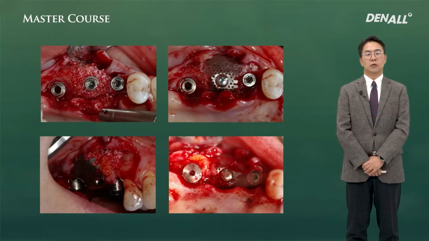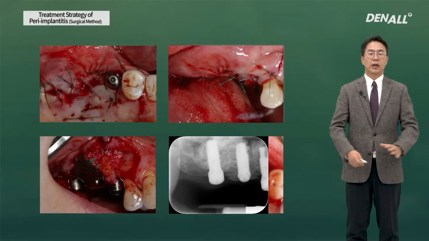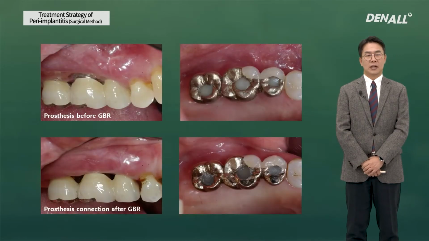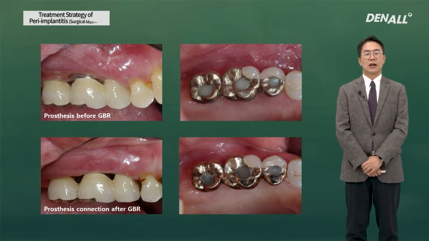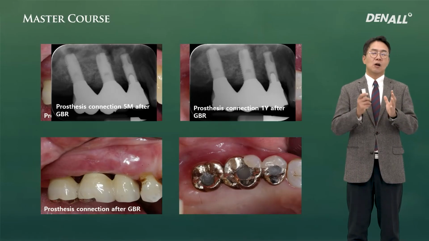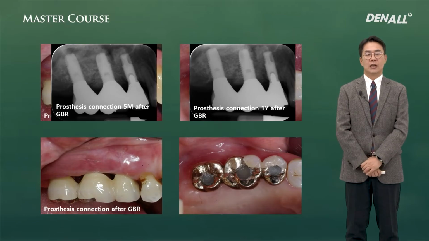I did bone graft. In other words, I did regenerative therapy. And then I did bone augmentation like this. I checked how well it was maintained. You need to achieve balance with the adjacent environment, and this is the key to regenerative therapy.